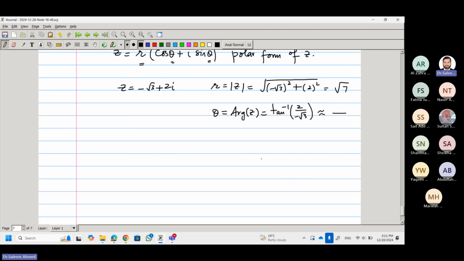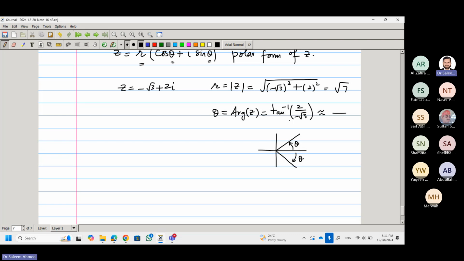Calculator only gives you the angle in the first and fourth quadrant. Means if this is positive, it will give you the angle in the first quadrant. If this is negative, it gives you the angle in the fourth quadrant, negative theta. For example, here 2 by square root of 3 will give you a negative angle. But your complex number may not be in the fourth quadrant. You have to be careful.